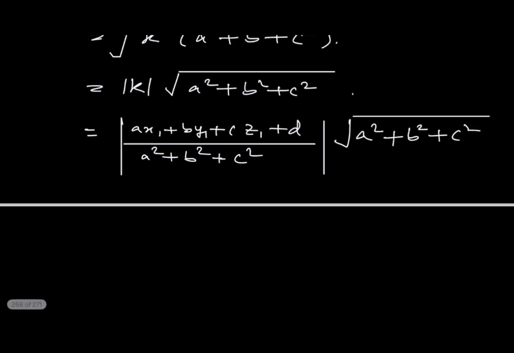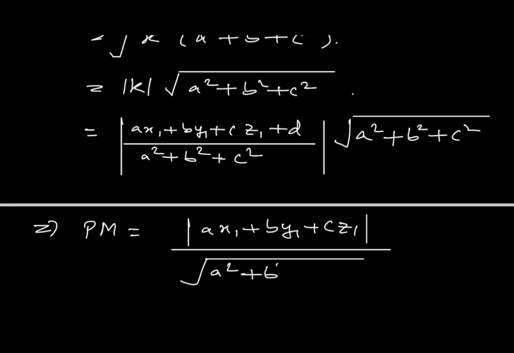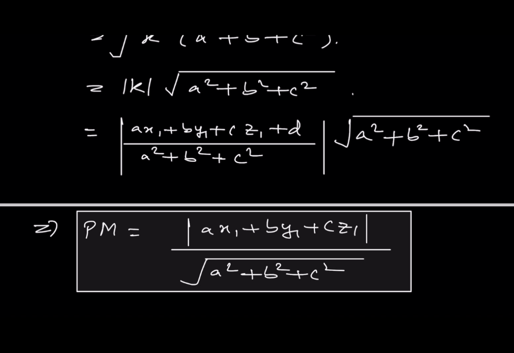So after simplification, this PM will become mod of (ax1 plus by1 plus cz1 plus d) upon root over a square plus b square plus c square. It is almost similar to the perpendicular distance of a point from a line except the z coordinate, right? So we can remember it in that way also. So this is the perpendicular distance of a point from a plane.